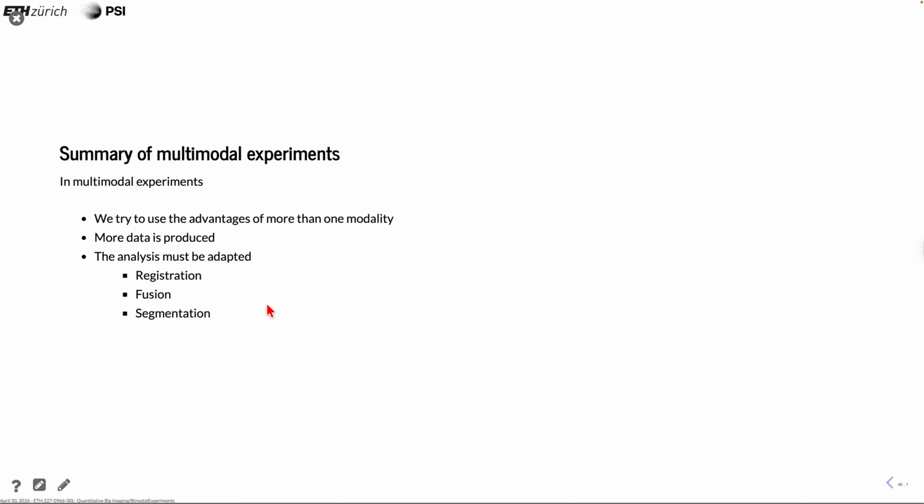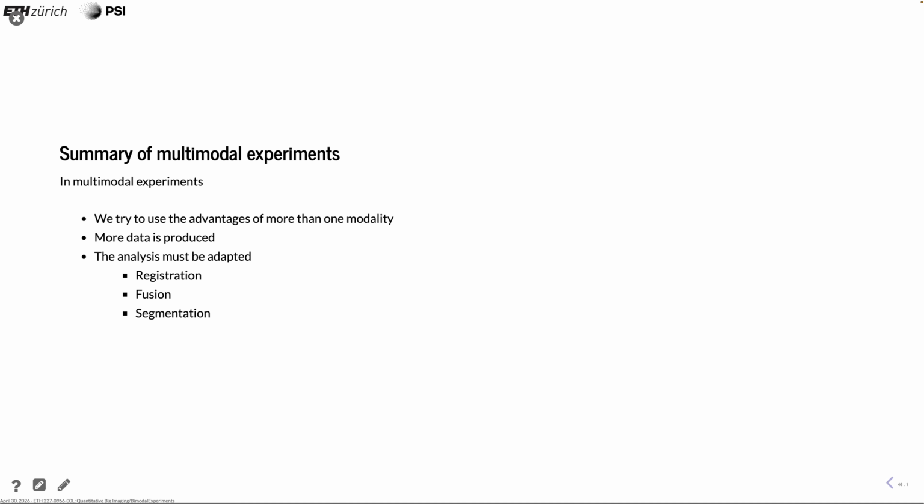And this concludes the first part about the multimodal experiments. So the idea with doing experiments with more than one modality is we want to use the advantages of each to suppress the disadvantages of each. Of course, more data is produced, and well, that's something we have to handle.